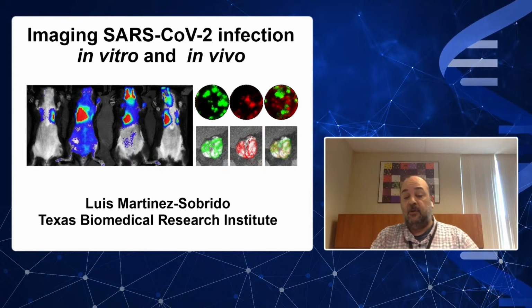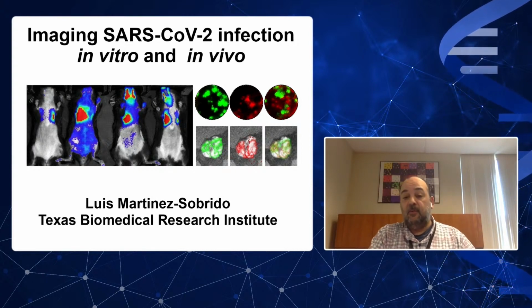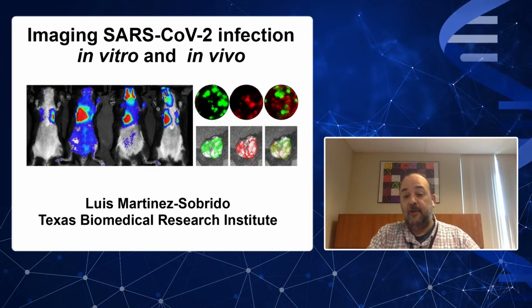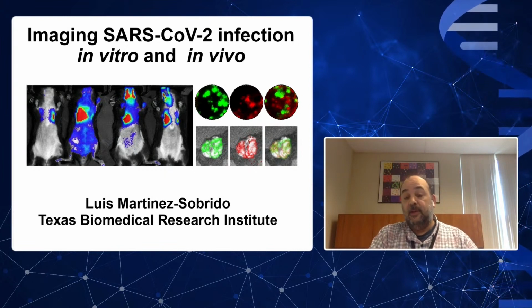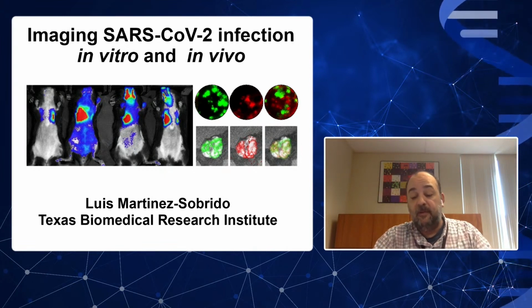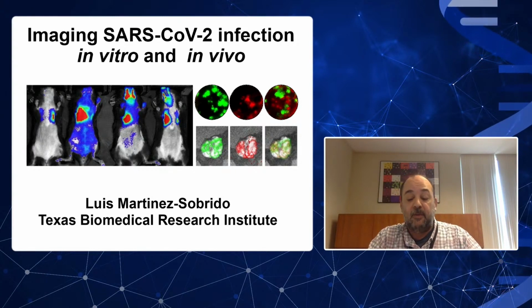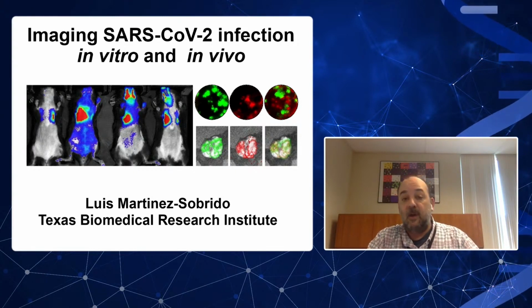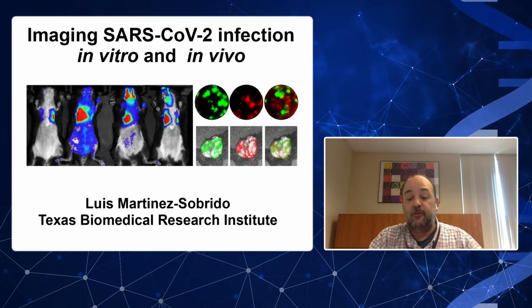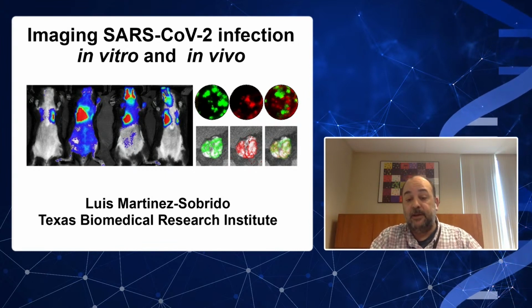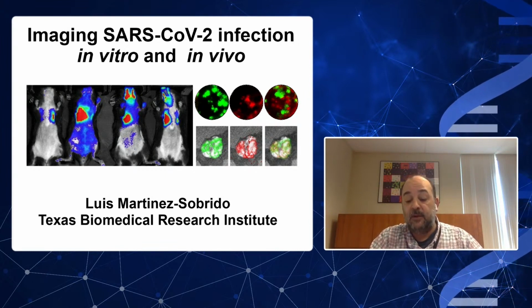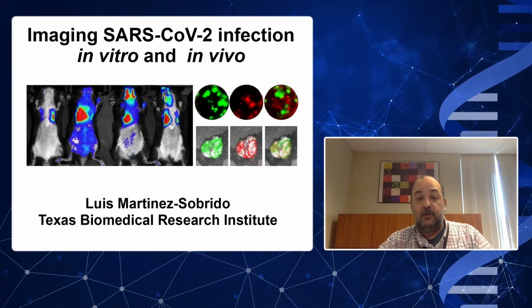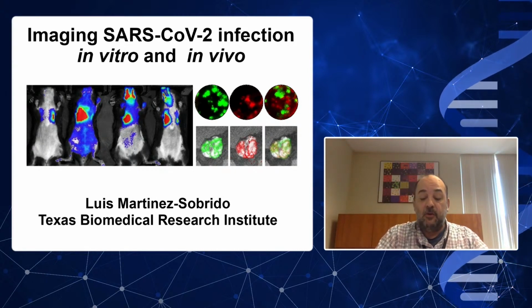Today I'm going to talk about one of these tools that we make in the lab to study SARS-CoV-2. That is the ability to generate recombinant viruses using reverse genetic approaches, and how we use these approaches to generate recombinant viruses that express reporter genes that allow us to easily track the virus in vitro and also in vivo.